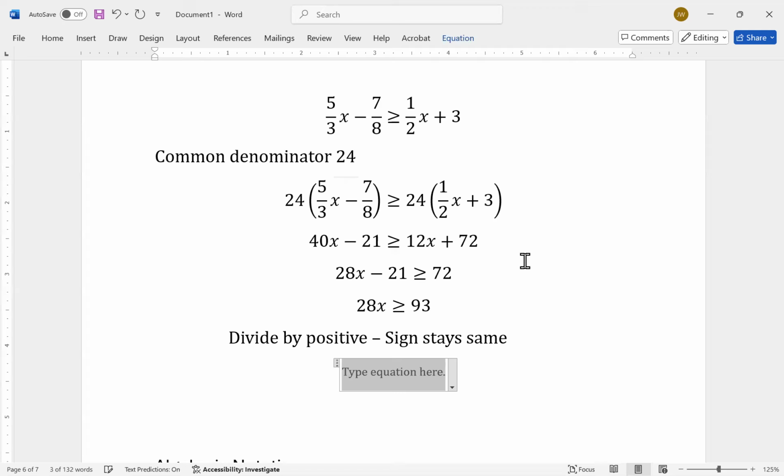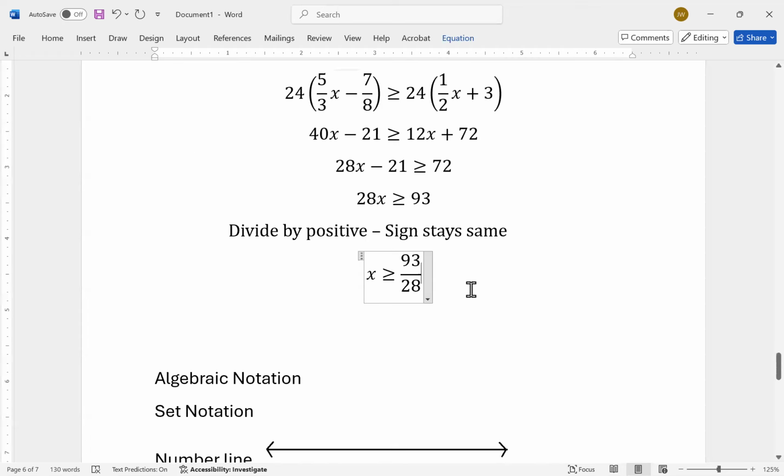And so we get x is greater than or equal to 93 over 28. Now, 93 over 28 is not a fraction that simplifies, so 93 over 28 is the most simplified version of that improper fraction.